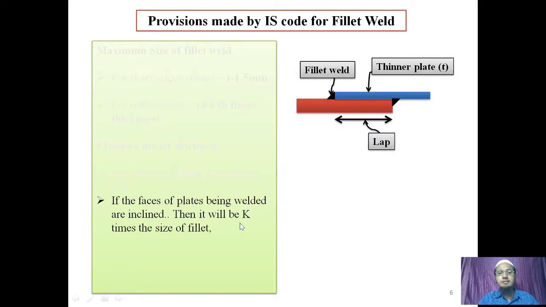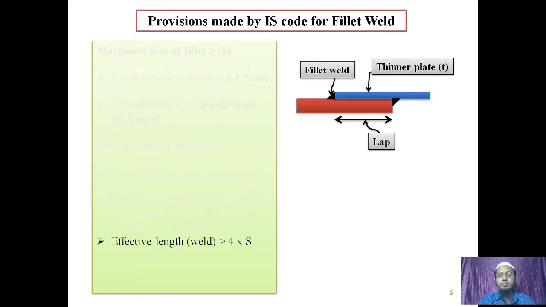This angle is generally taken between 60° and 120°, and we can get these values from IS 800:2007. Generally we take the angle of fusion as 90° and K as 0.707. Hence the throat thickness will be 0.707 times the size of the fillet.